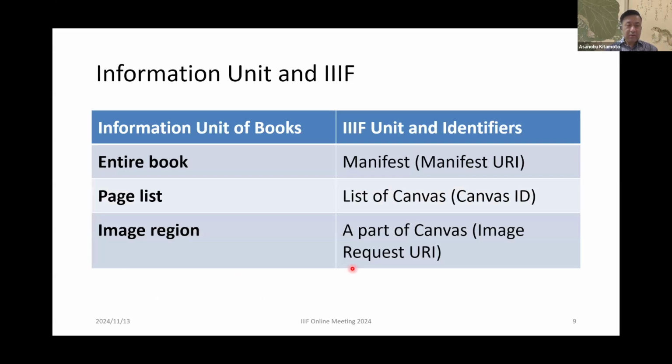Now, the information unit of books is like the entire book, page list, or image region, which is for visual chat. IIIF units and identifiers correspond to these concepts: the manifest is for the entire book, and the manifest URI can be used as the identifier of the entire book; the page list is a list of canvases or canvas IDs; and an image region is a part of a canvas, which you can specify using an image request URI.